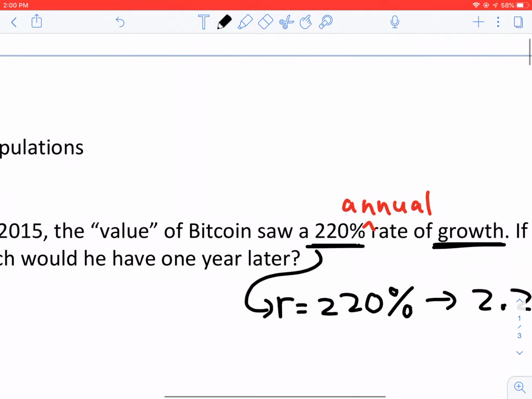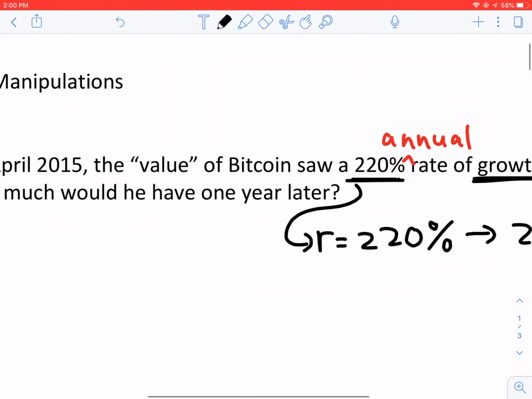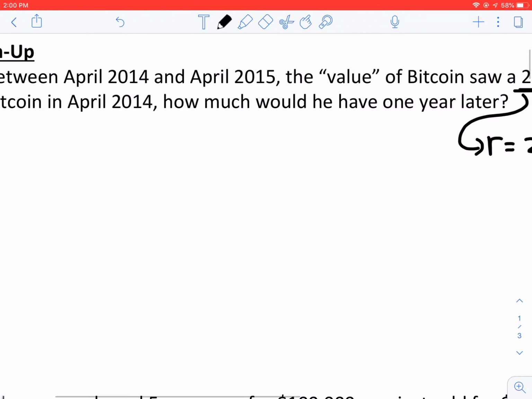So that R, that's coming from our formula from Monday. I think I wrote V of t on Monday. I actually don't know why I did that. I think I used V for value. I'm going to change that, I'm sorry, to A for amount, simply because I use A sub 0 here, so like the initial amount.